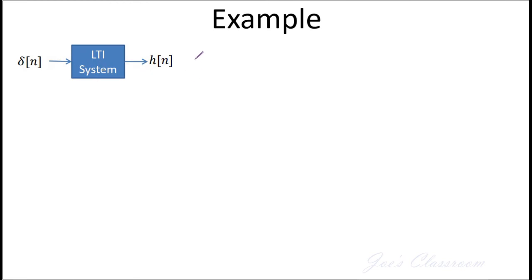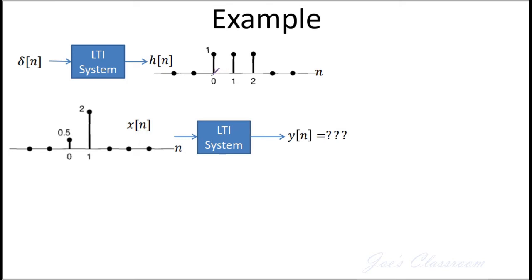Now let us take this example. Let us assume this is going to be the unit impulse response, or the h of n. I am going to give another input to the system, that is x of n, which we took in the previous slide as an input. For this input, I need to find out the output y of n.